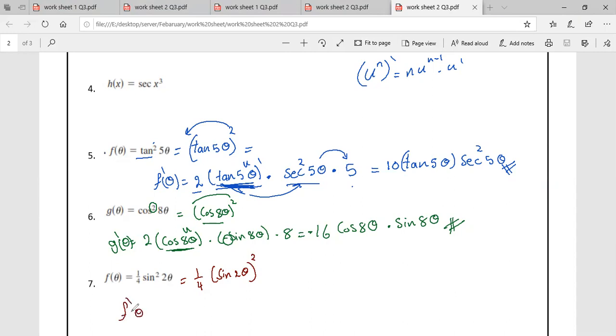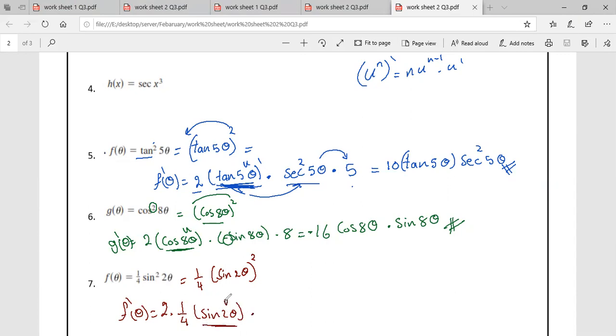The derivative of this function will be the derivative of the bracket multiply the derivative of what is inside the bracket. It will be 2 multiply 1/4, the bracket sine 2 theta all to power 1 can be submitted. Multiply the derivative of inner, which is what?